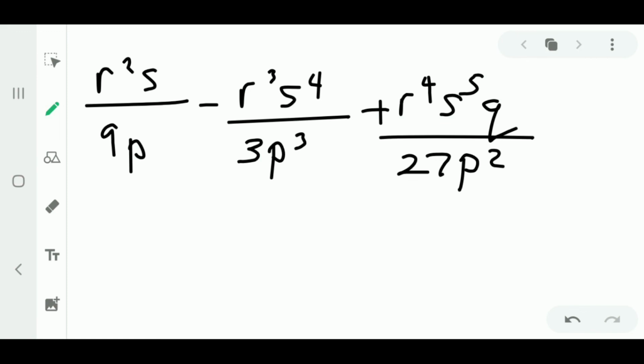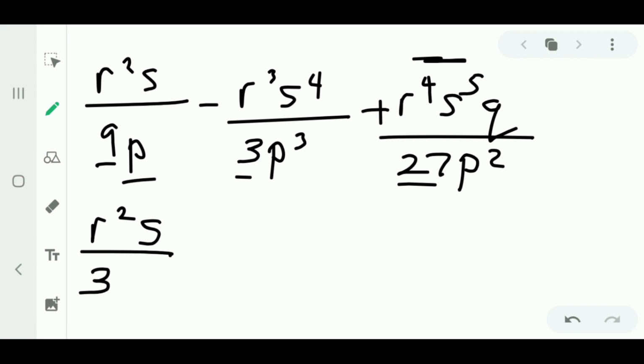The highest common power of the r's is squared, so that is the highest common factor. For the s's, it is just s. For the q's, only one term, this term over here, has q, so that means we cannot use q. Then we have to do between the 9, the 3, and the 27. The highest common factor is 3. Between the p's, the highest common factor is p.